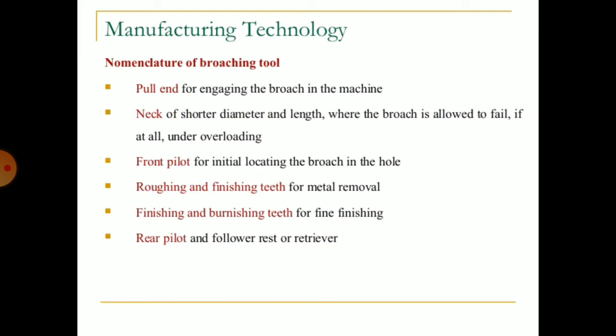Nomenclature of the broaching tool: pull end for engaging the broach in the machine, neck of shorter diameter and length where the broach is allowed to fail, if at all, under overloading. Front pilot for initial locating of the broach in the hole, roughing and finishing teeth for metal removal, finishing and burnishing teeth for fine finishing, rear pilot and follower rest or retriever.